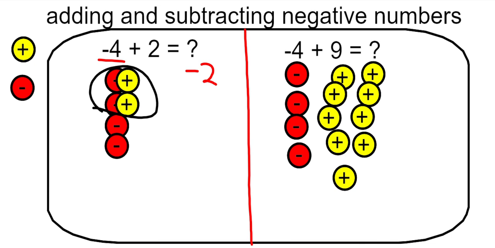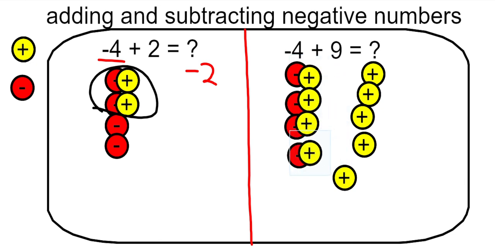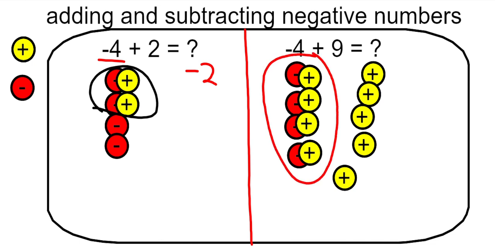Now we need to pair all of our negatives and positives together. So we're going to pair our positives with our negatives, creating zeros. And again, I'm not going to count any of these zeros because it would just take me way too much time.